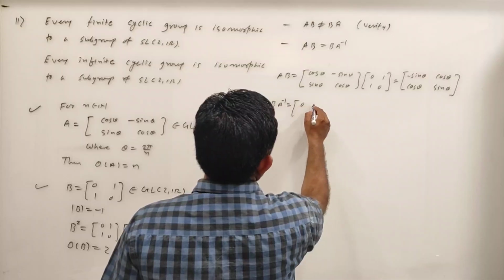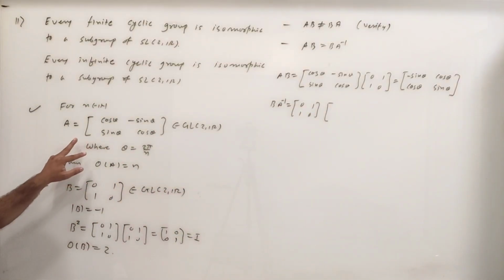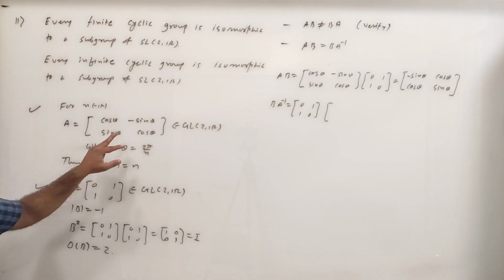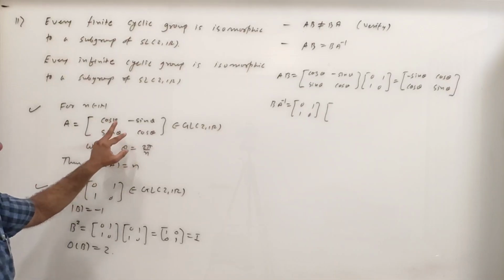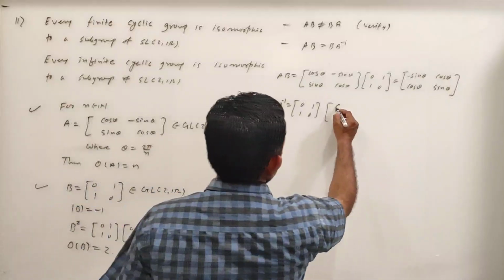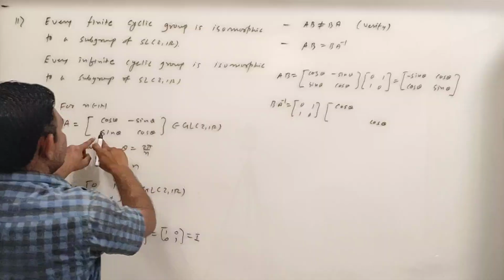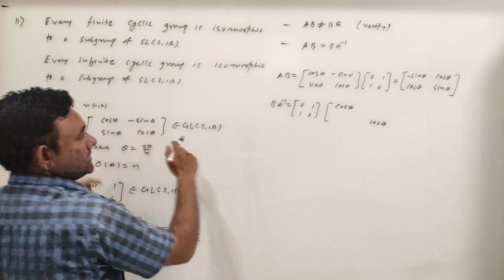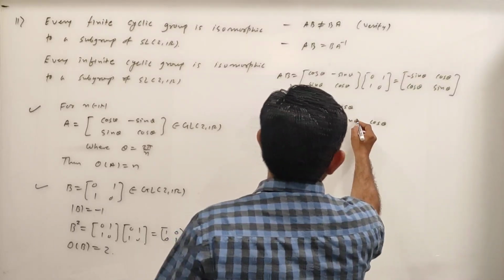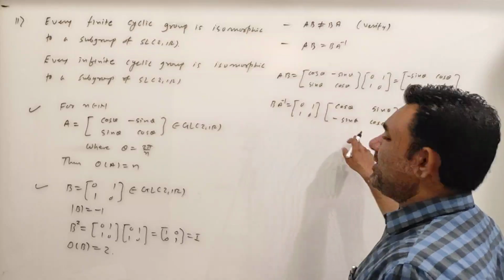So B is 0, 1, 1, 0, and A inverse. What is A inverse? The determinant of A will be 1. So to find the inverse, you just interchange the diagonal elements, that is cos theta, cos theta, and you interchange the sign of the secondary diagonal, that is this minus and this plus. So it is minus sin theta and this will be plus sin theta. So now you just find out. So this will be A inverse.